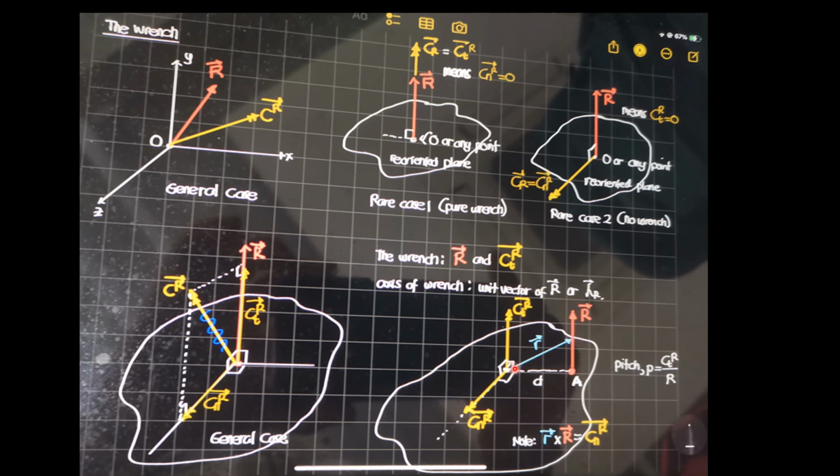So if you position your four fingers in that direction, then curl it in that manner, your right thumb will be pointing this direction, and that is the normal component of the resultant couple. So from there you can solve for that distance.